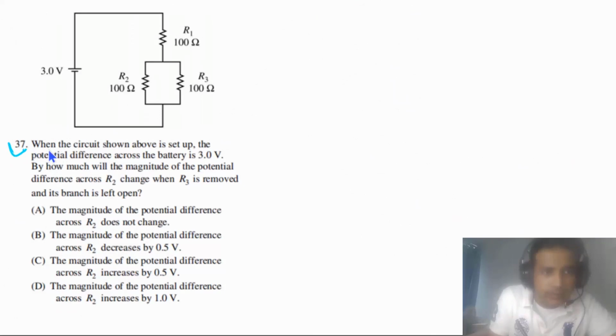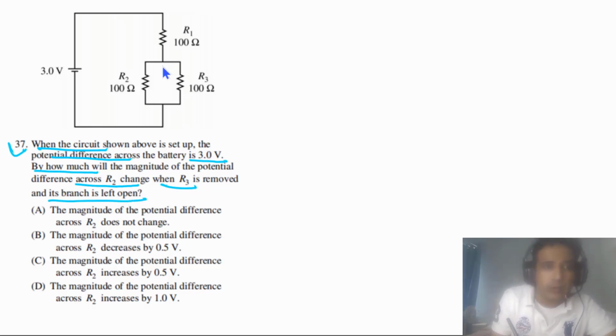Question 37 says, when the circuit shown above is set up, the potential difference across the battery is 3.0 volts. By how much will the magnitude of potential difference across R2 change when R3 is removed and its branch is left open?